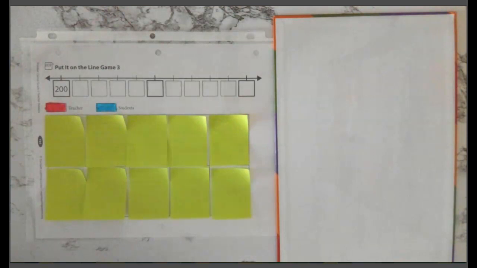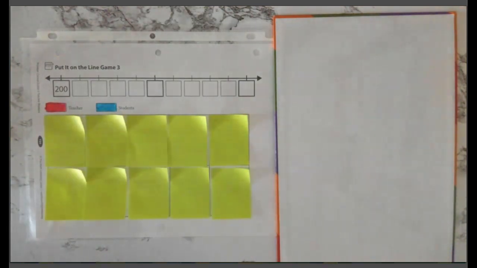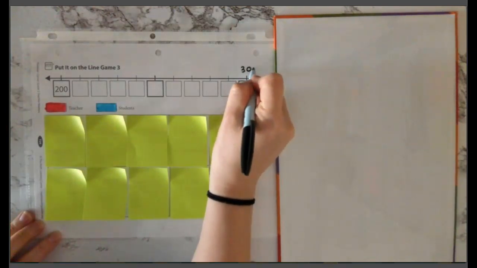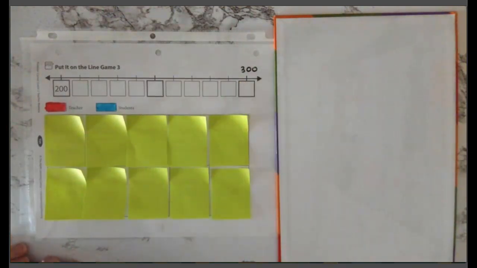All of your answers will be in blue. All of mine will be in red. Now our number line today starts at 200. Our number line will end at 300. As we play, we will put all of our numbers on the line.